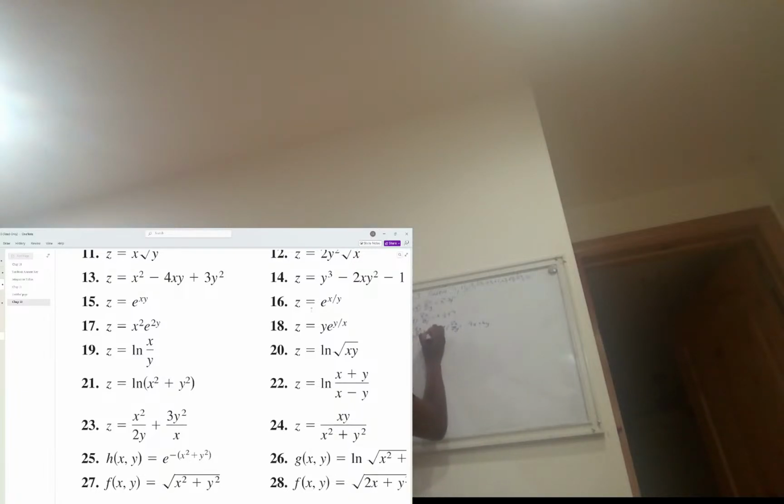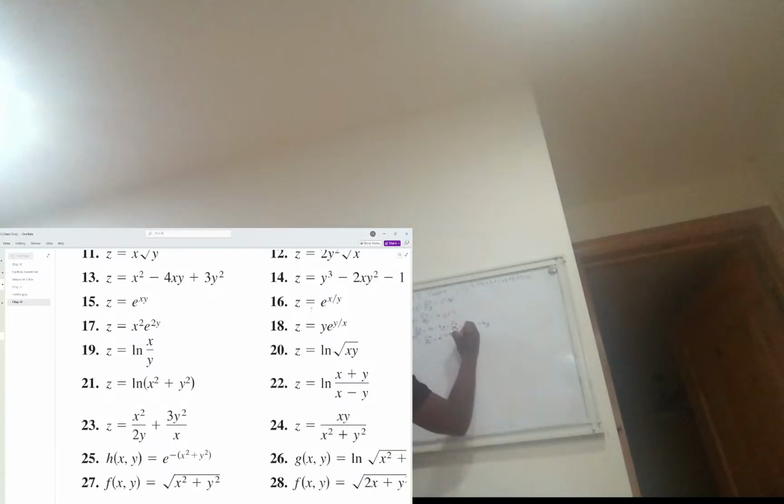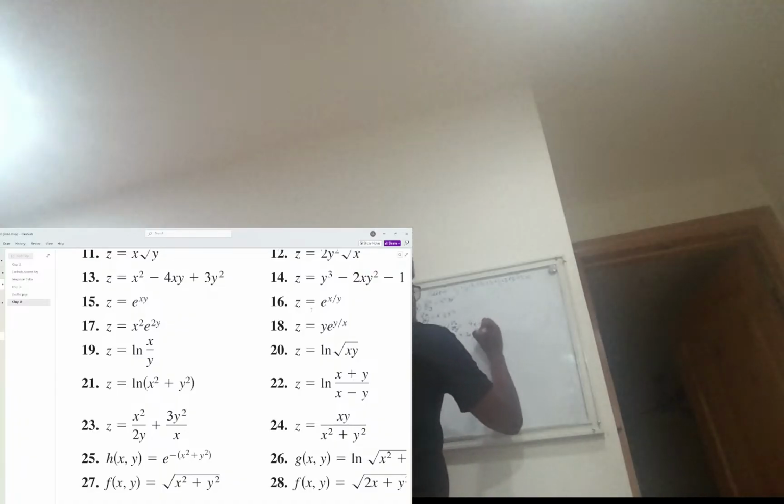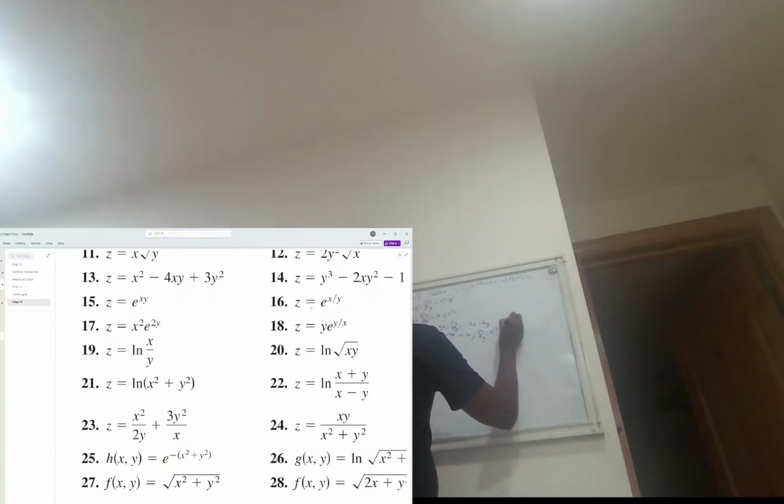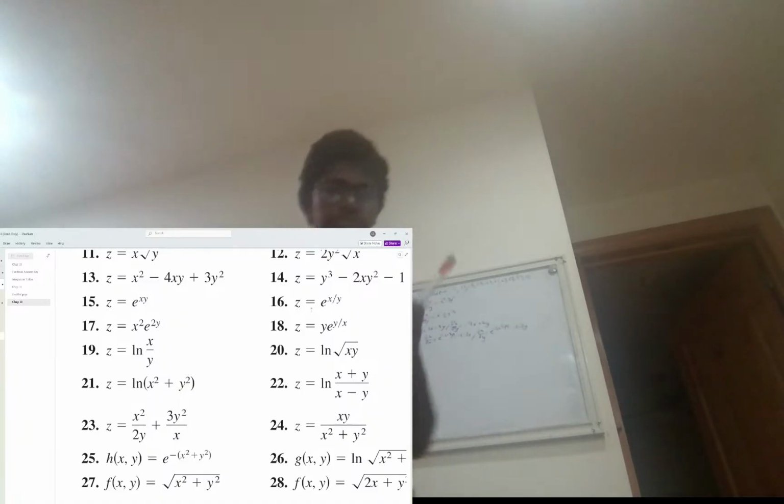Okay, this is ugly, but dh/dx is going to be e to the negative x squared plus y squared multiplied by negative 2x. dh/dy is going to be just the same thing, but this time with respect to y.